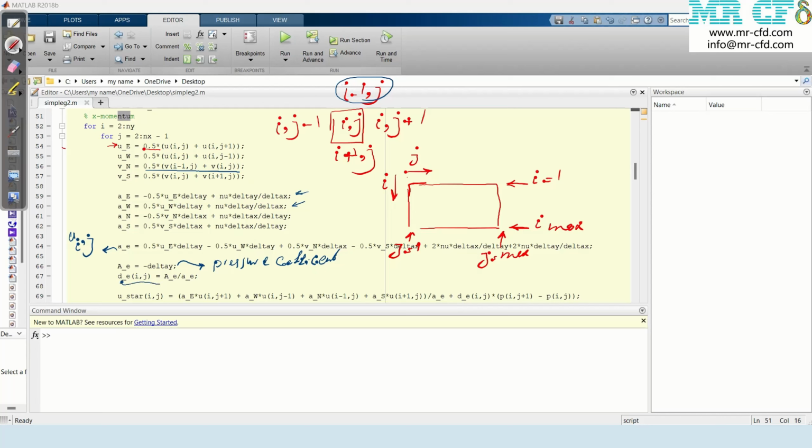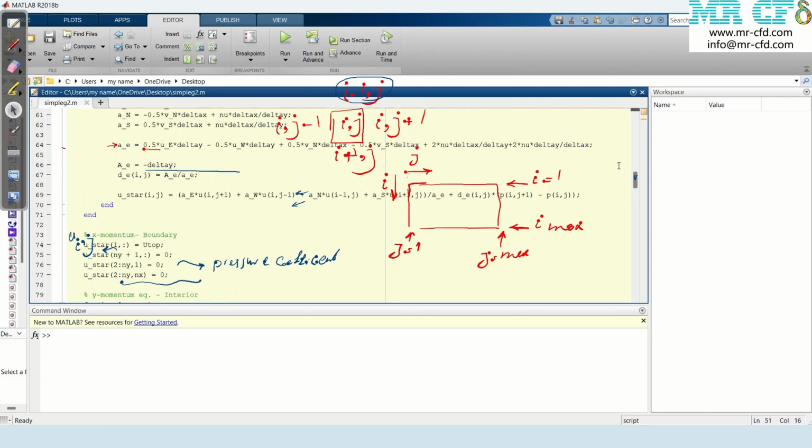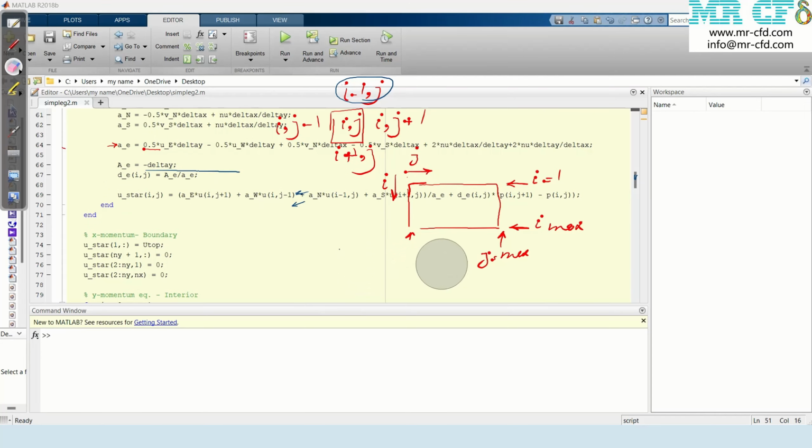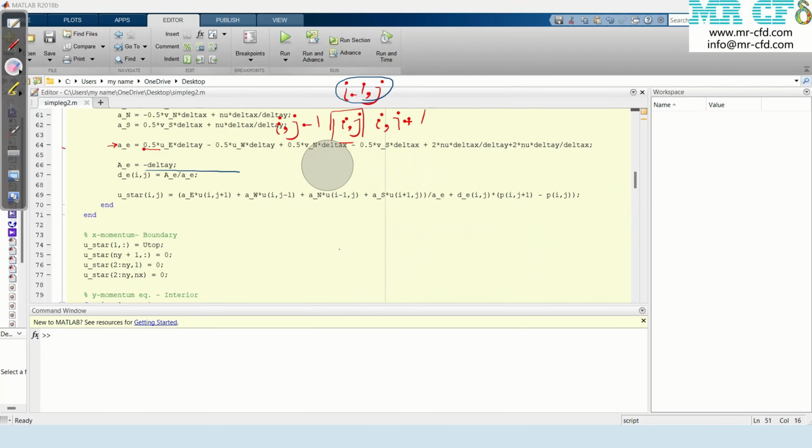By dividing all terms by the coefficient of u at index i,j, we define the coefficient d for the SIMPLE algorithm. We update the velocities for each iteration using these coefficients to find u star, which is an intermediate velocity.